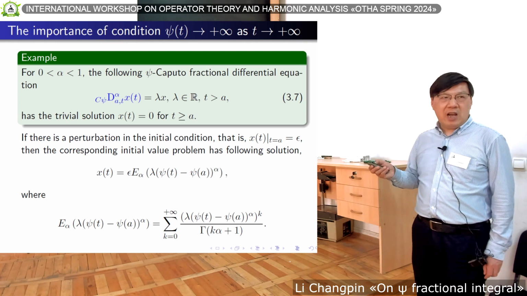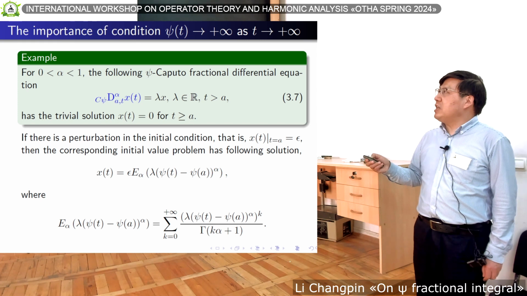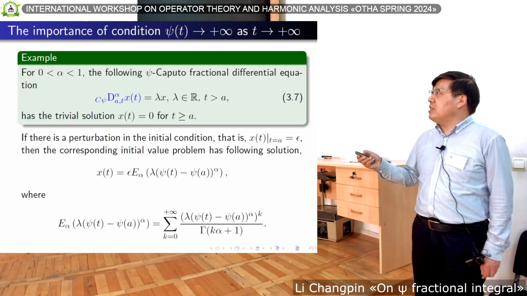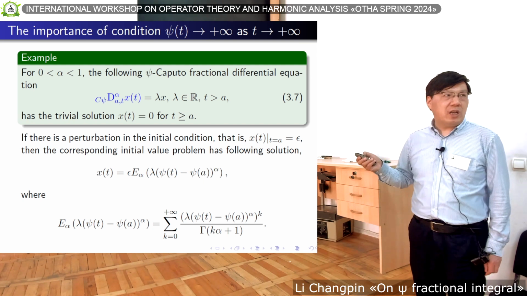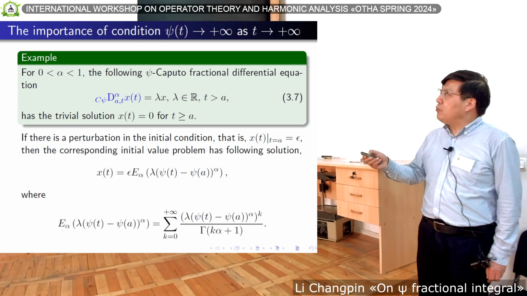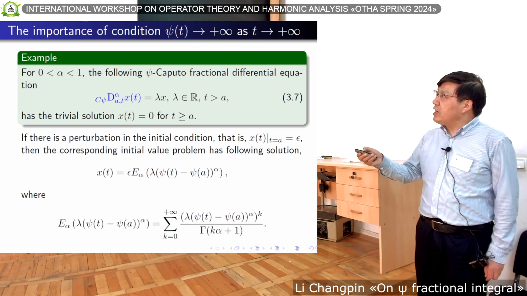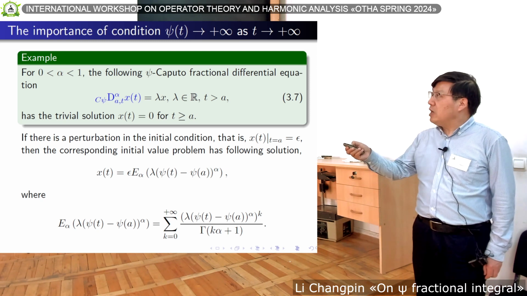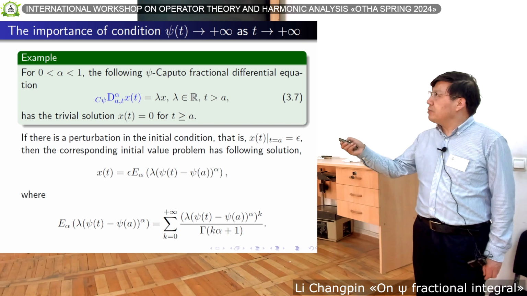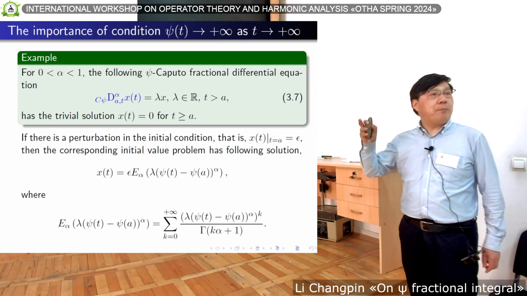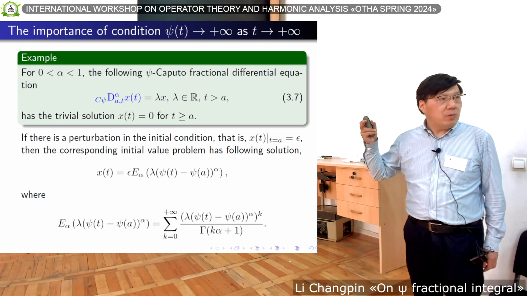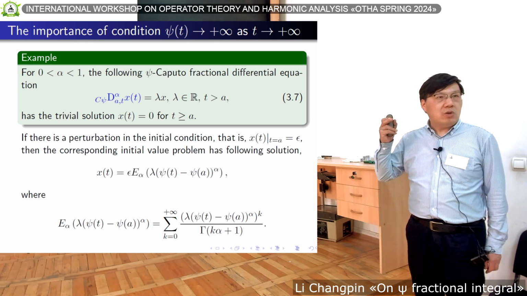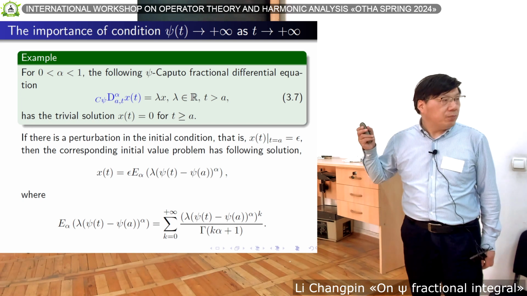Now we consider another case. This is a psi Caputo fractional differential equation like this. This is also an equation problem. But for this kind of equation, we give the initial value condition like this, while for the above system, we give a fractional integral initial value condition.